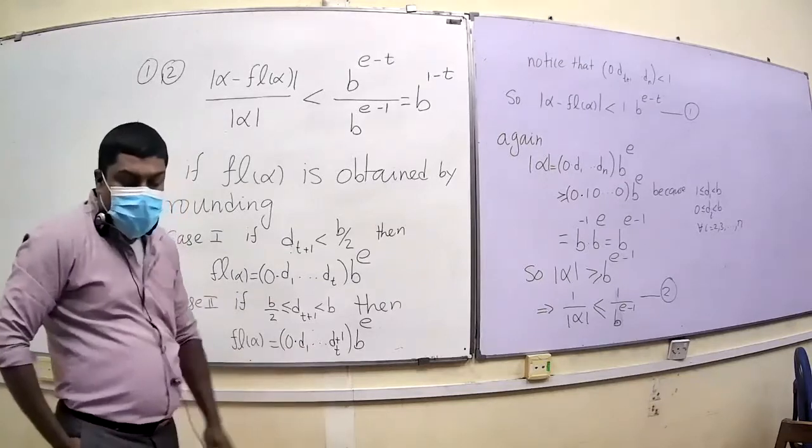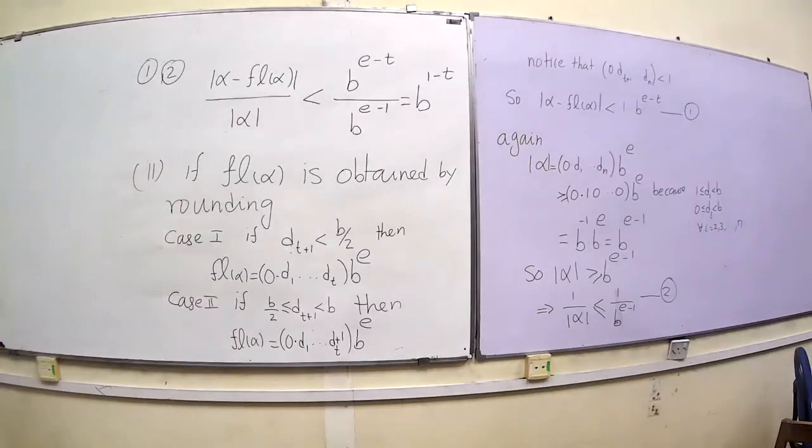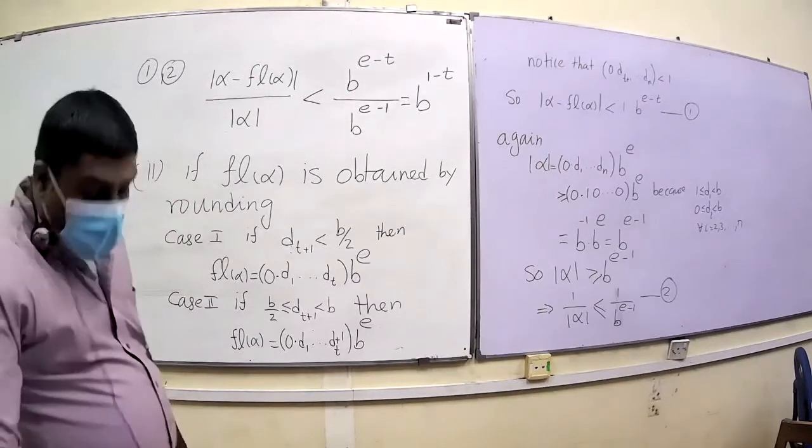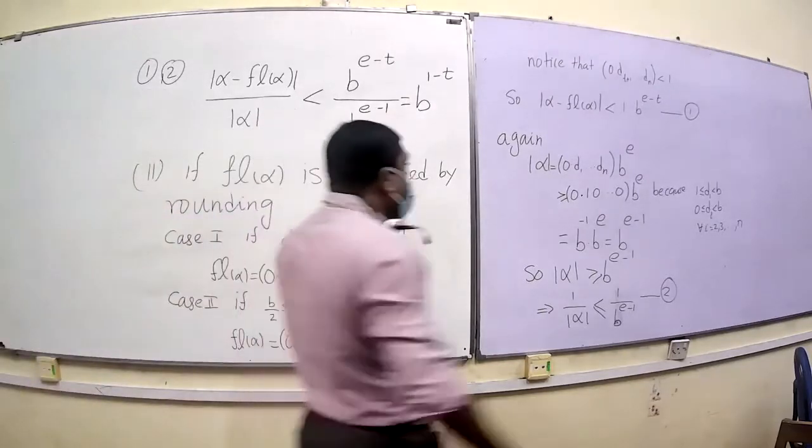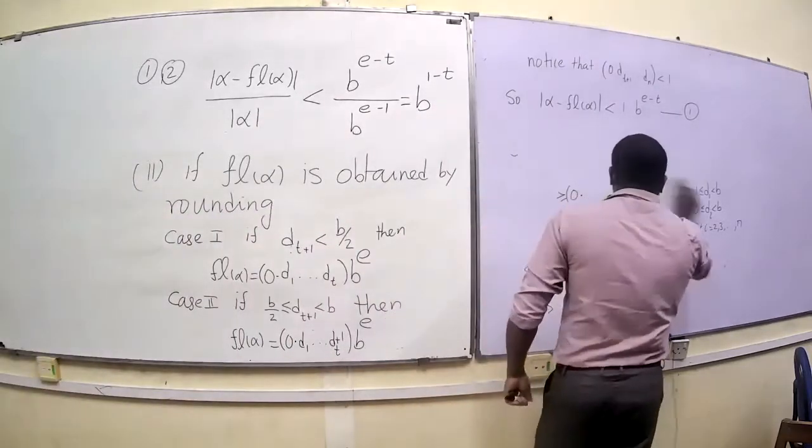So you will end up with two cases, and in both cases you have to look into the relative error bound.